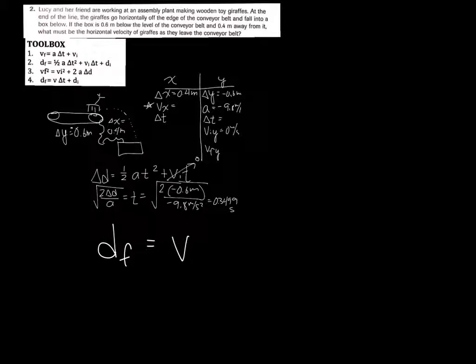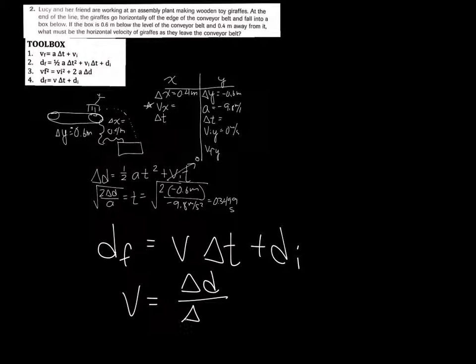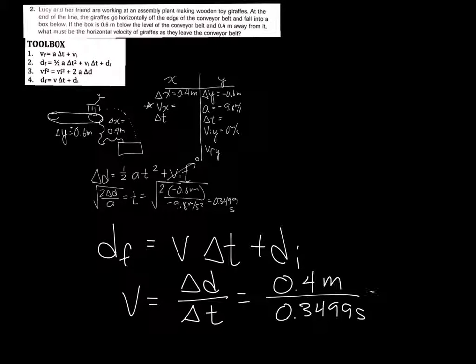So I now need to use my equation 4: d final is equal to velocity times time plus d initial. We also know that this can be rearranged as velocity is change in position over change in time. My change in position is 0.4 meters, positive, it's going forward, and my time is 0.3499 seconds.